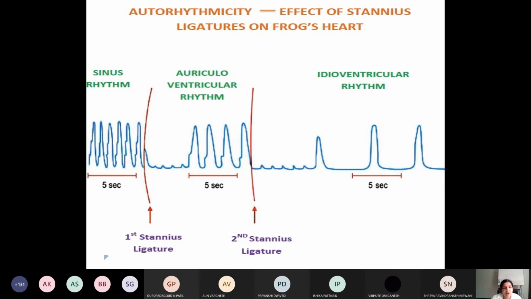That is, the rate of impulse generated from sinus venosus to the atria to the ventricle gradually decreased, with a reduction in the frequency of impulses generated. So this graph tells you the property of autorhythmicity. The second property it tells is that the sinus venosus in the frog's heart is the pacemaker, because it is able to generate the highest number of impulses, 6 impulses per 5 seconds.